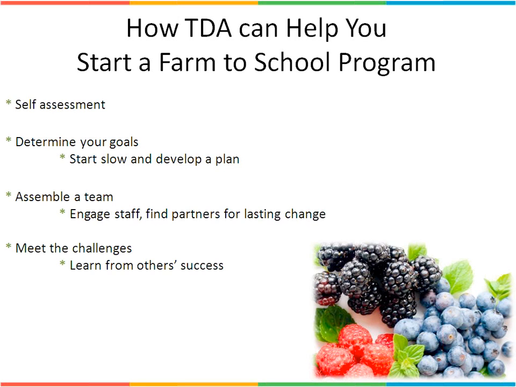And then I can help you identify potential challenges and be ready to meet those. We have a lot of great success stories from across the state, and I can help you connect with someone who's had a successful gardening project, for example, so that you can learn what worked for them, and maybe some of the challenges they faced, to help you be better prepared so it doesn't come as a surprise.